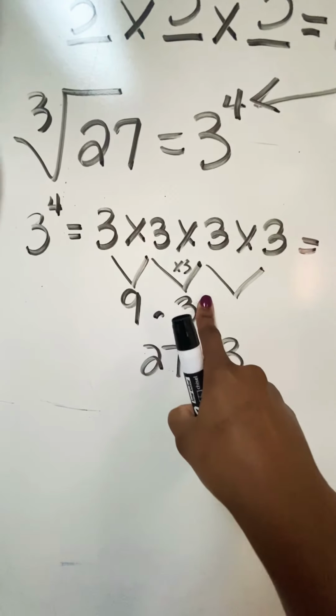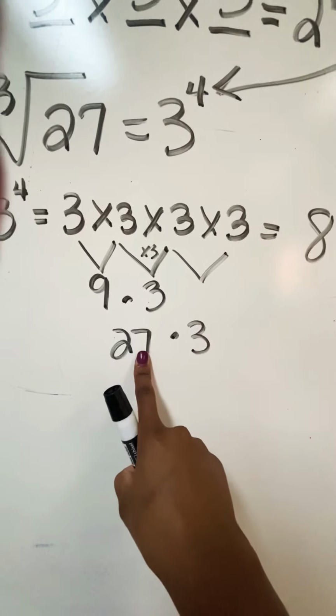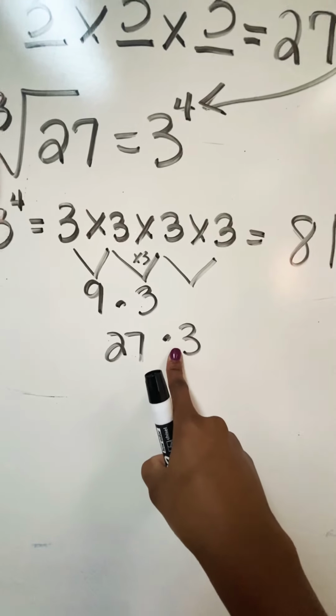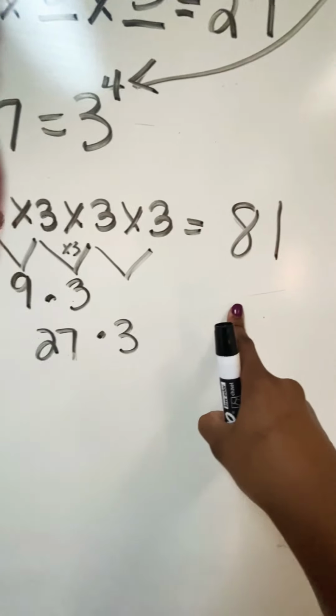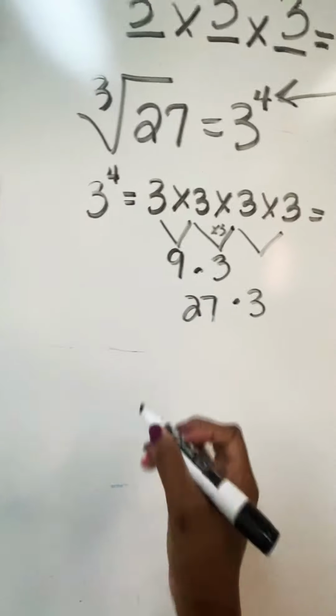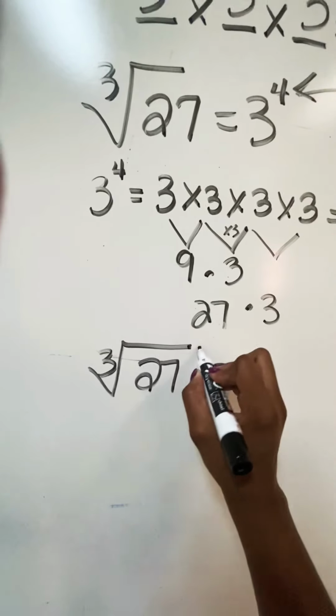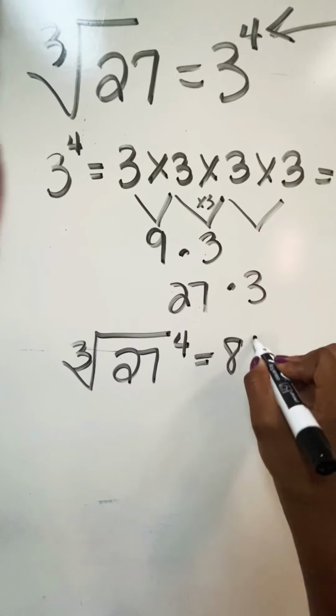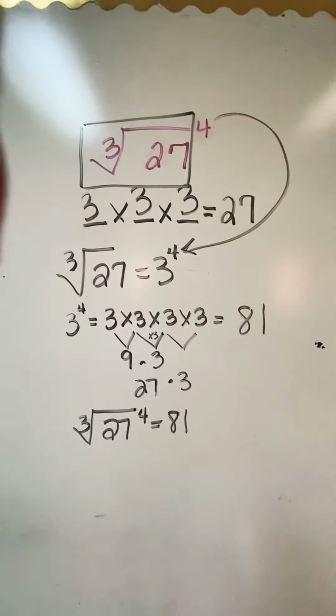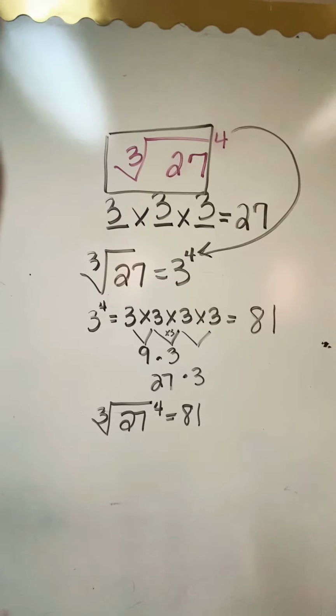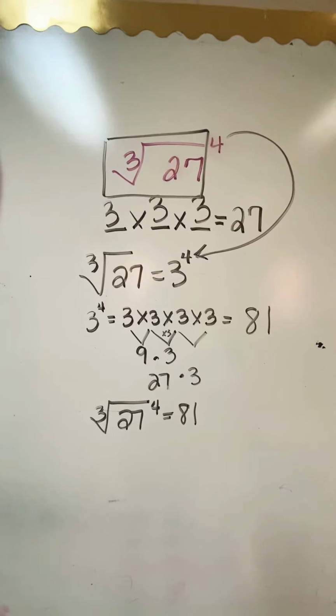Then we brought down this 3, and it gave us 27. And then we brought down this last 3, and we got 81. So 3 to the 4th power is 81. Therefore, the cube root of 27 to the 4th power is equal to 81. So again, do the radical portion first, solve for that, and then raise it to that power.